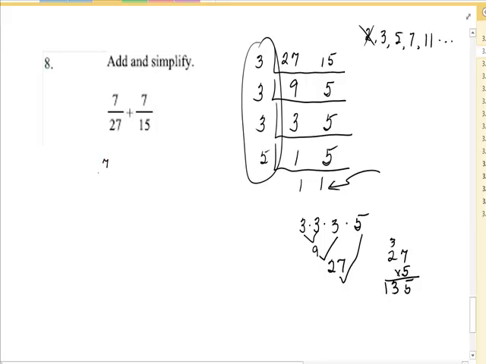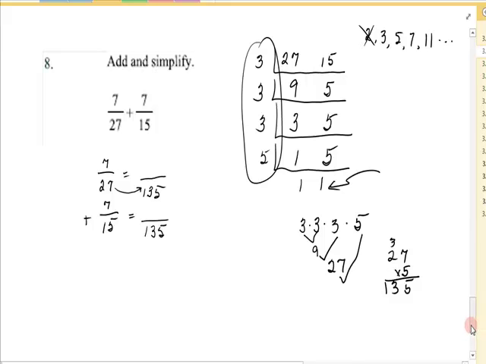So I have 7 27ths plus 7 15ths. I have 135. 27 goes into 135.